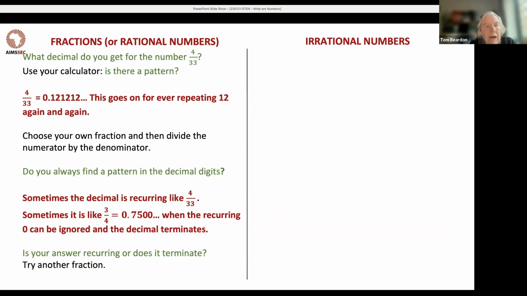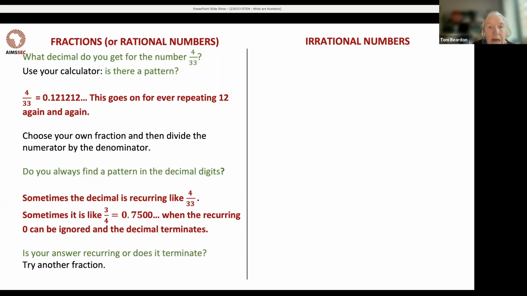So what we've had so far has only been about fractions, which we call rational numbers. And we saw that if you use your calculator and divide 4 by 33, just as an example, or any whole number by another number, what happens? 4 divided by 33 goes on forever.